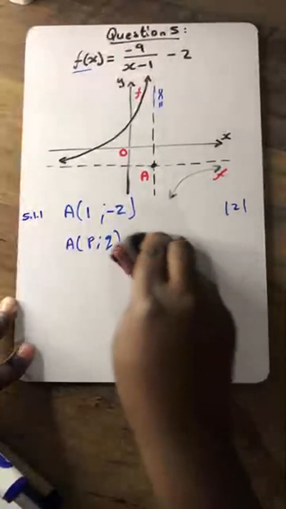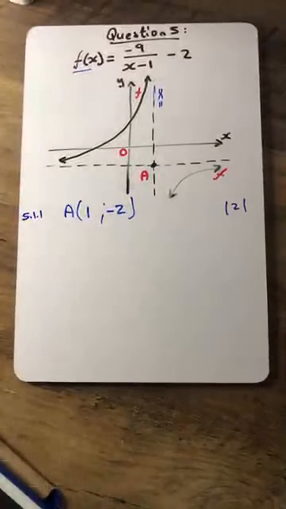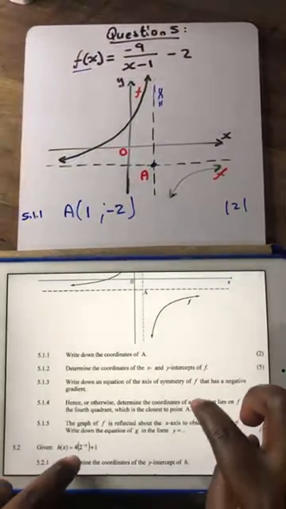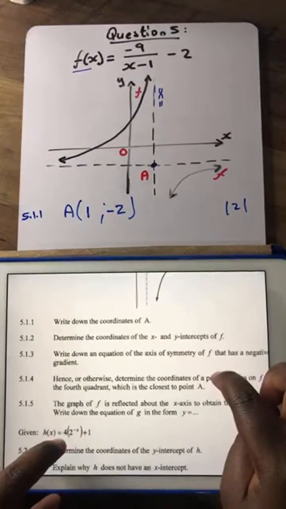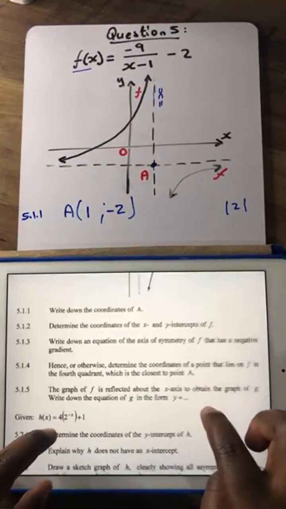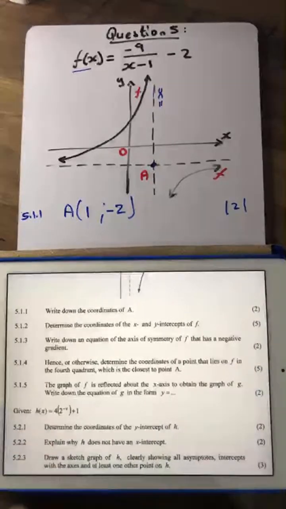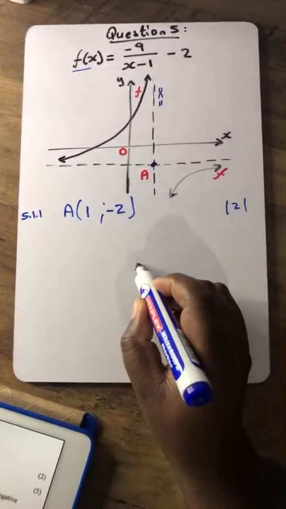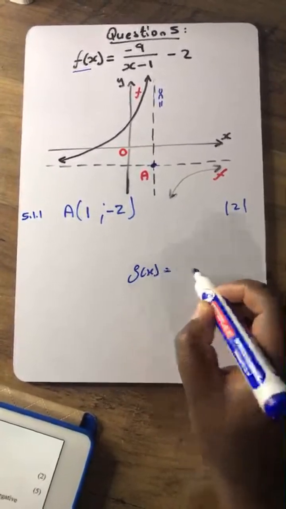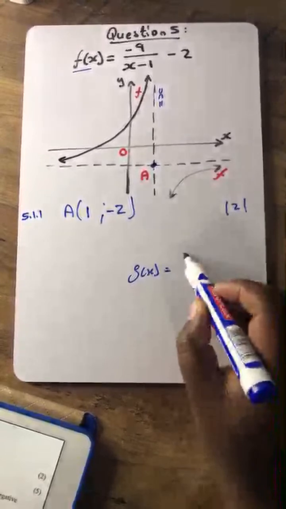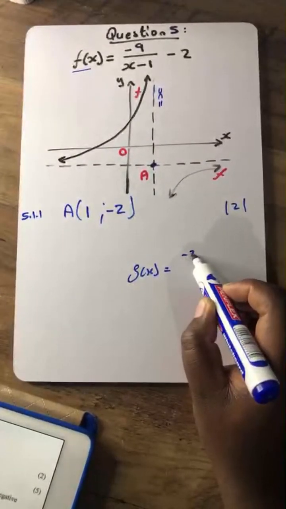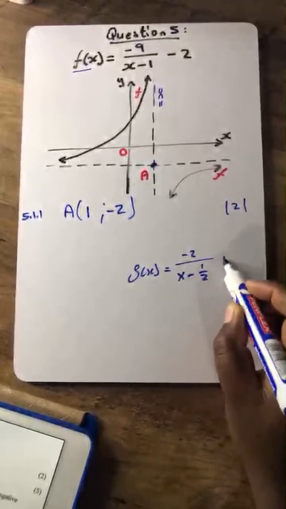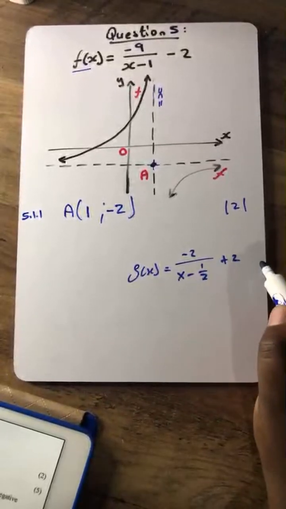So now let's move on to the next question and see how far we can go with that. I'm not sure, honorable member, if you now understand how to work it out. Let me just give you the last example. If we had, let's say, g of x equals -2 divided by x, let's say -half plus 2.